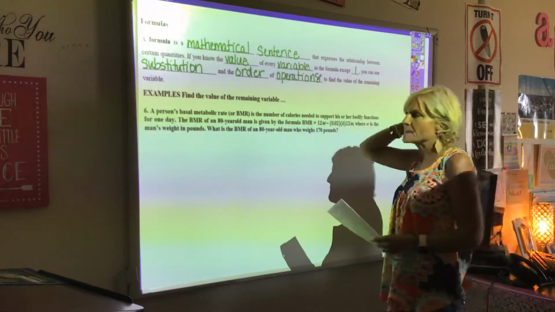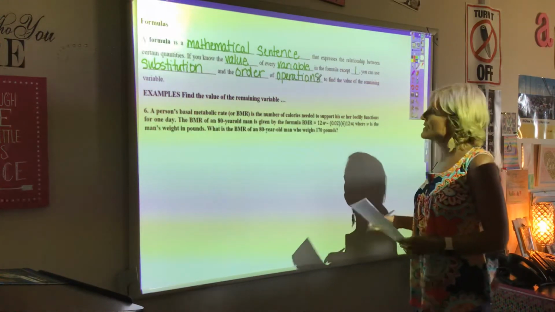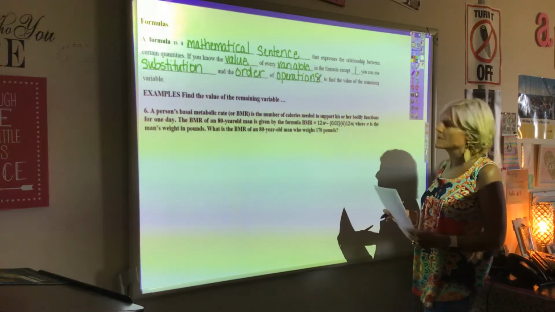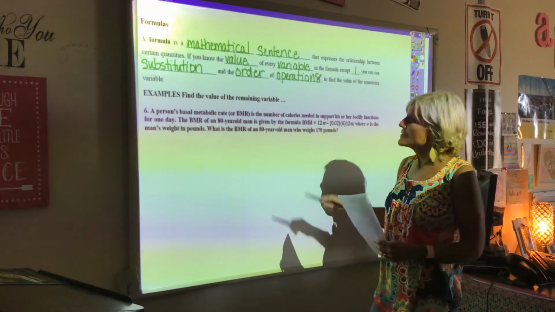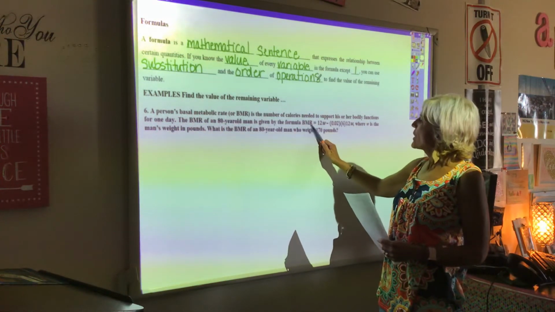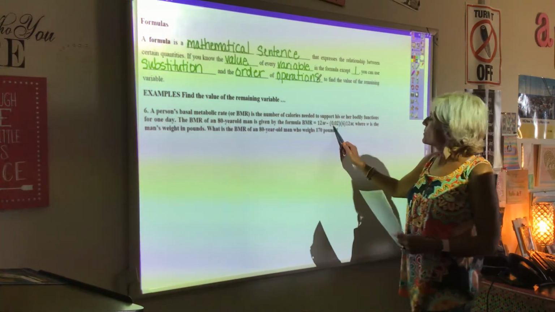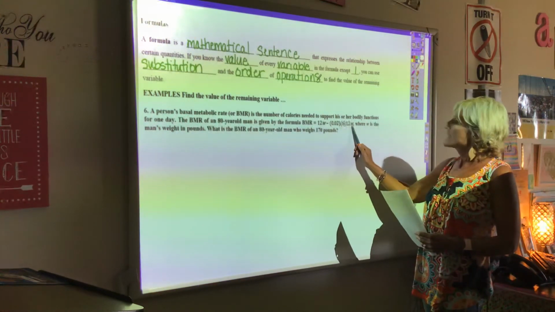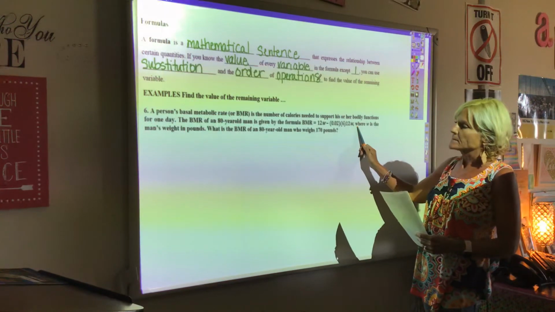A person's basal metabolic rate, or BMR, is the number of calories needed to support his or her bodily functions for one day. The BMR of an 80-year-old man is given by the formula BMR equals 12W minus 0.02 times 6 times 12 times W, where W is the weight in pounds.